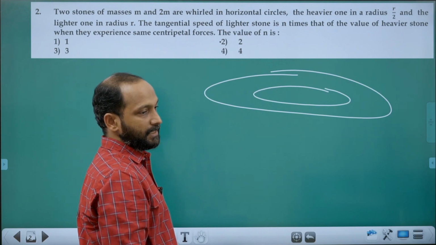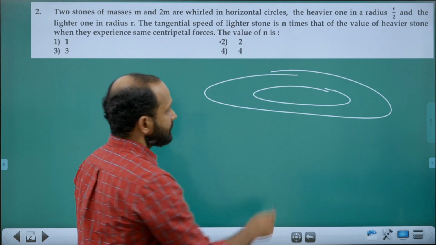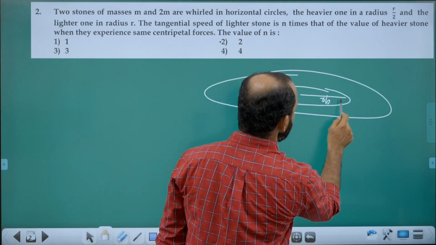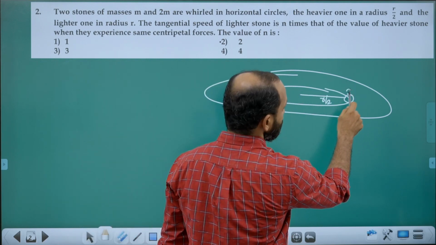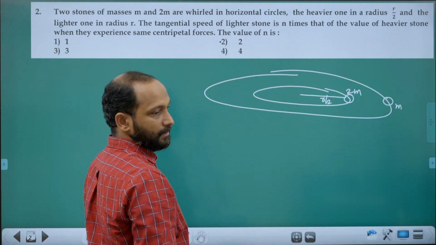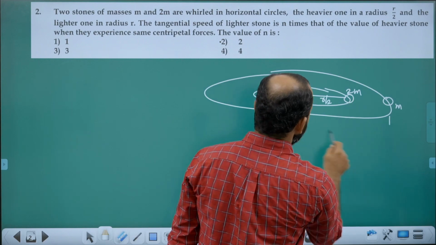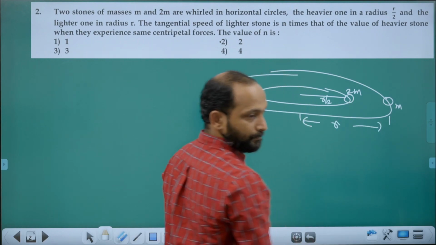The masses m and 2m. The heavier one is in radius r by 2. So this is r by 2. That is the heavier one, heavier one means 2m. The other one is m. Its radius is r. The radius of the lighter one is r.